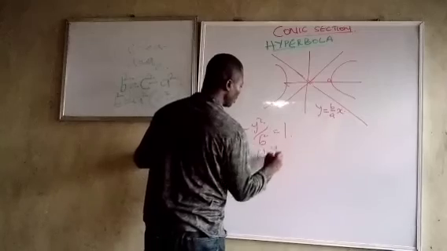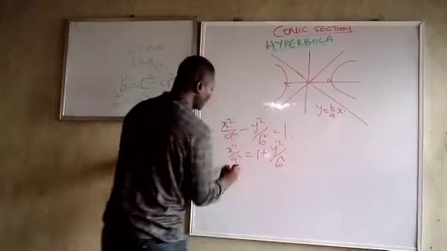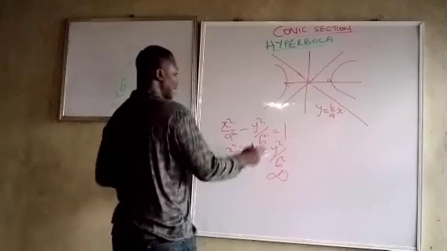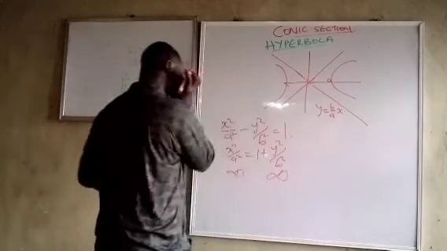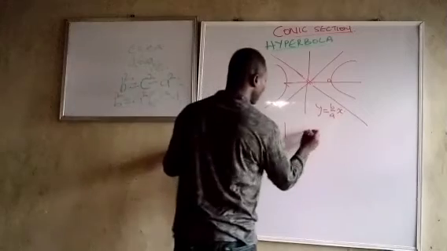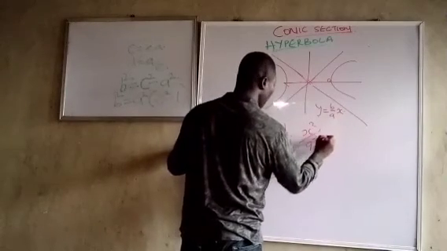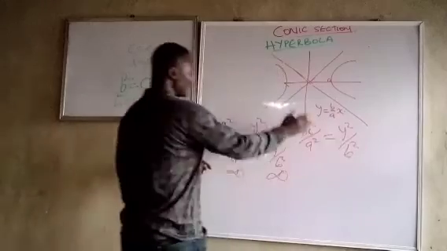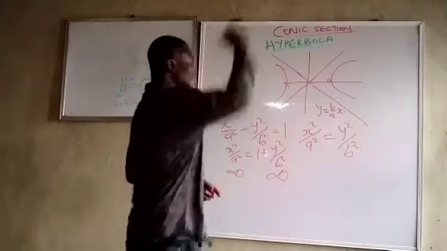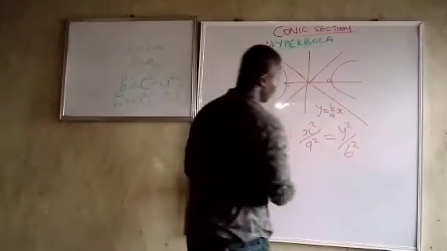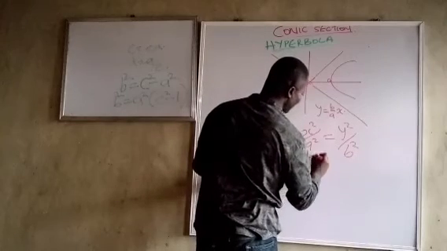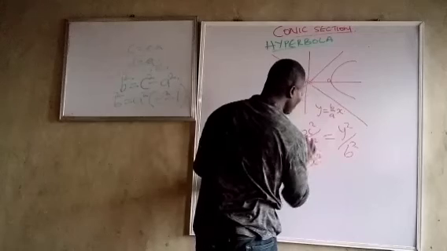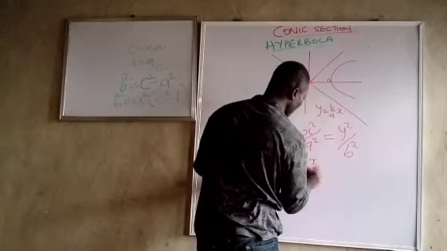The 1 becomes negligible, so x squared over a squared will be equal to y squared over b squared, because the two of them will be very large values at infinity. So we can say that x squared over a squared equals y squared over b squared. Taking the root of this, that is x over a, plus or minus.